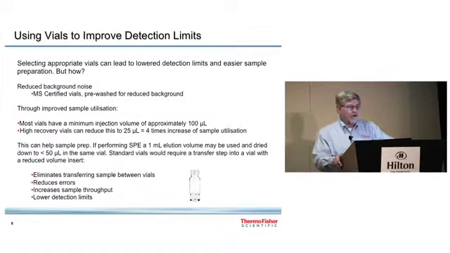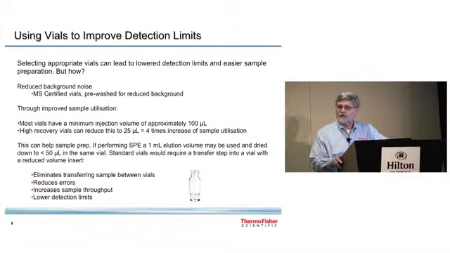Detection limits can be lowered by using a different type of vial. Most 2 mL vials you can only inject if you have a volume of 100 microliters. And if you have less than 100 microliters, that means you have to transfer that sample into an insert. So now you've got twice as many products that you're using, twice the cost.